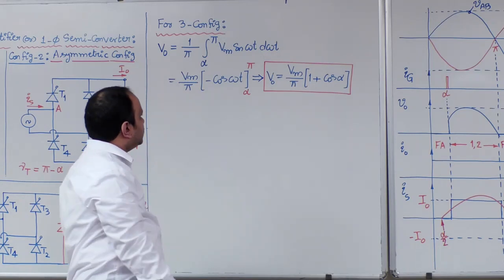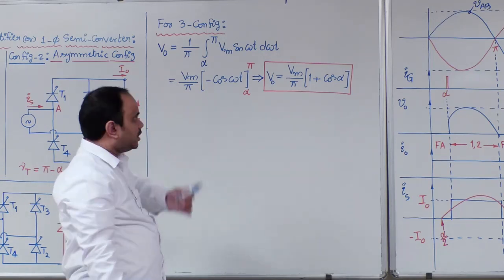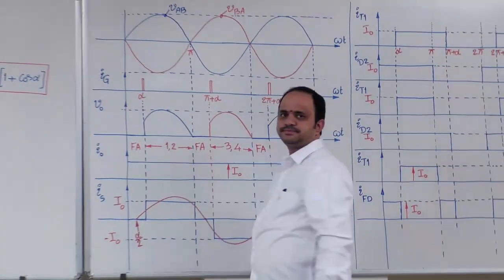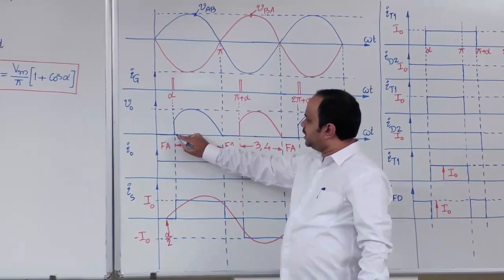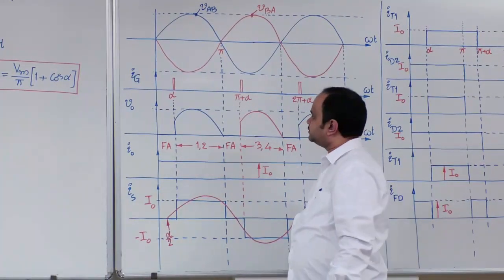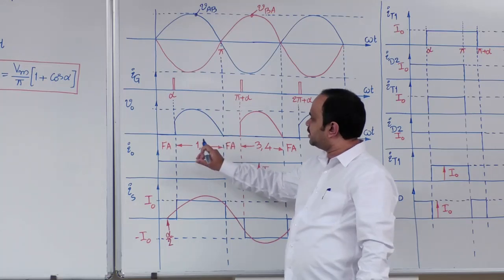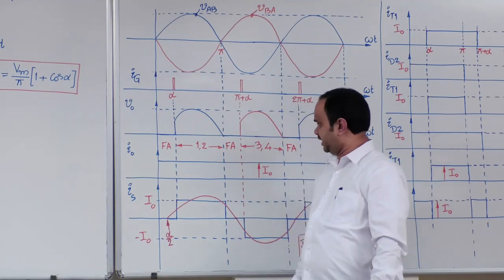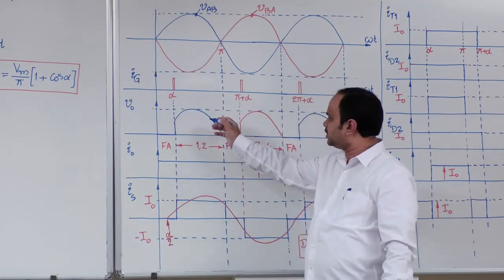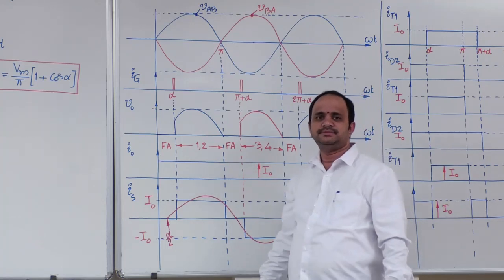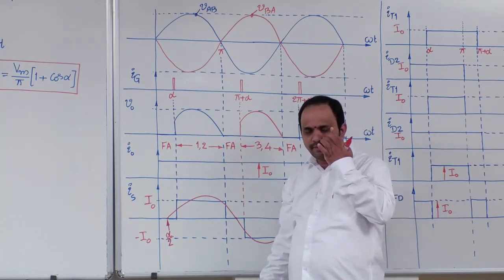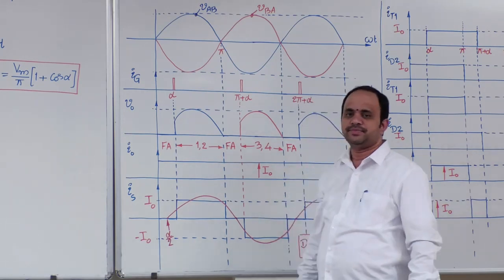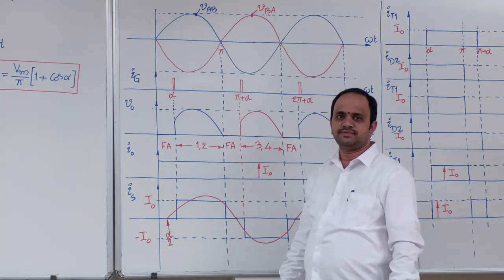Now, either from the equation or from the waveform, we can get one important conclusion. Observe carefully here. In the single phase full converter circuit, when alpha was increased beyond pi by 2, the majority of the V0 waveform entered the negative side. Hence, we concluded that average output voltage was negative when alpha was greater than pi by 2 in the single phase full converter.